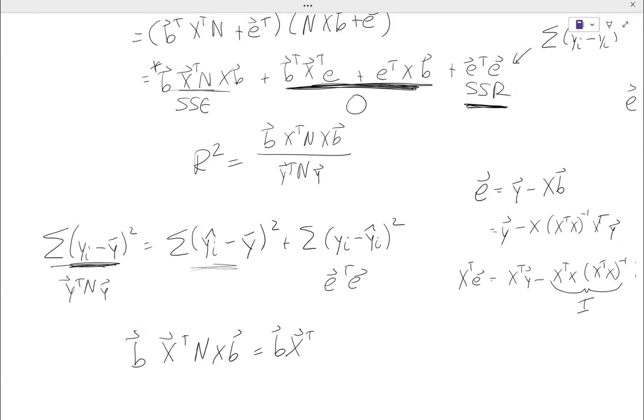So I can put in N squared for N, and I don't change anything. I'll just rewrite N squared as N times N. Remember, idempotent means squaring it keeps it the same. Like when you square 1, you get 1, for example, right? For matrices, there are lots of different matrices that you can square and get the same matrix back again. This N matrix happens to be one of those.